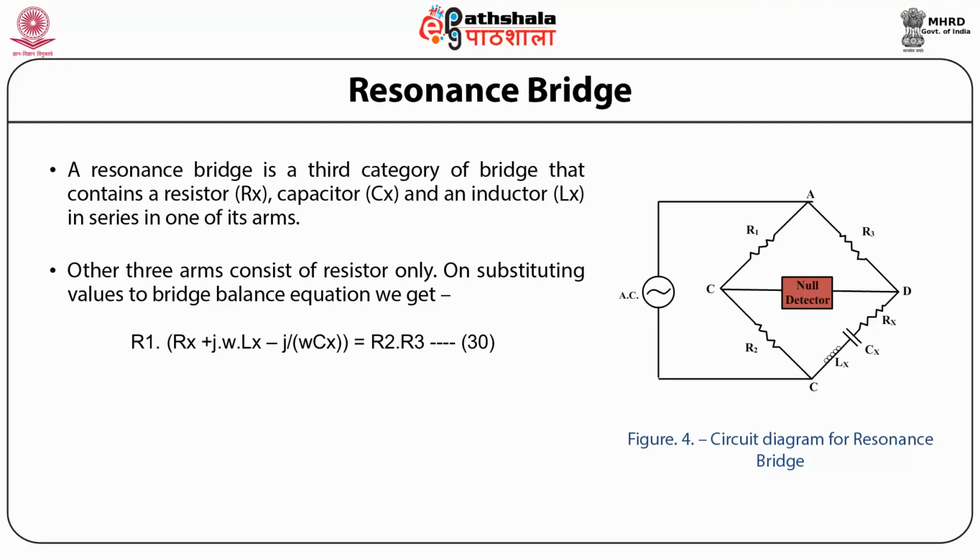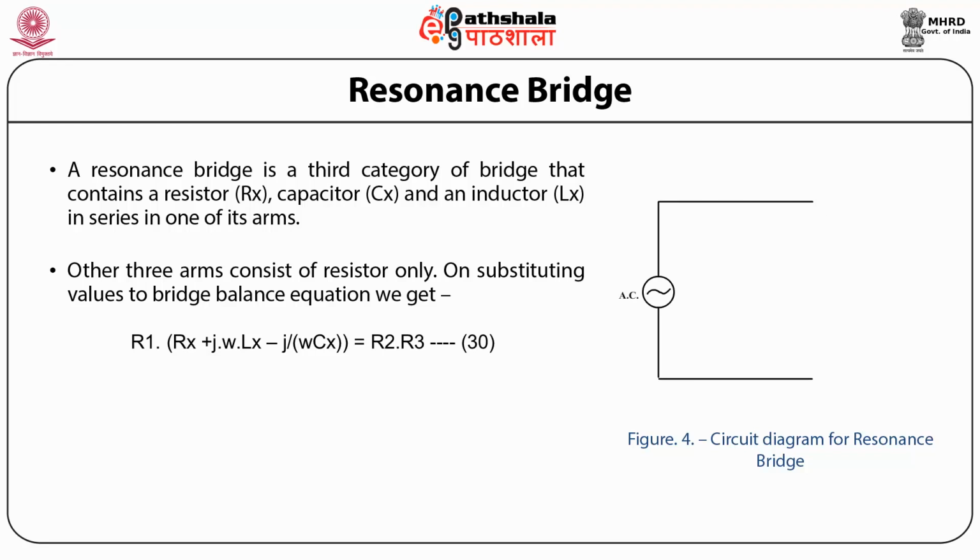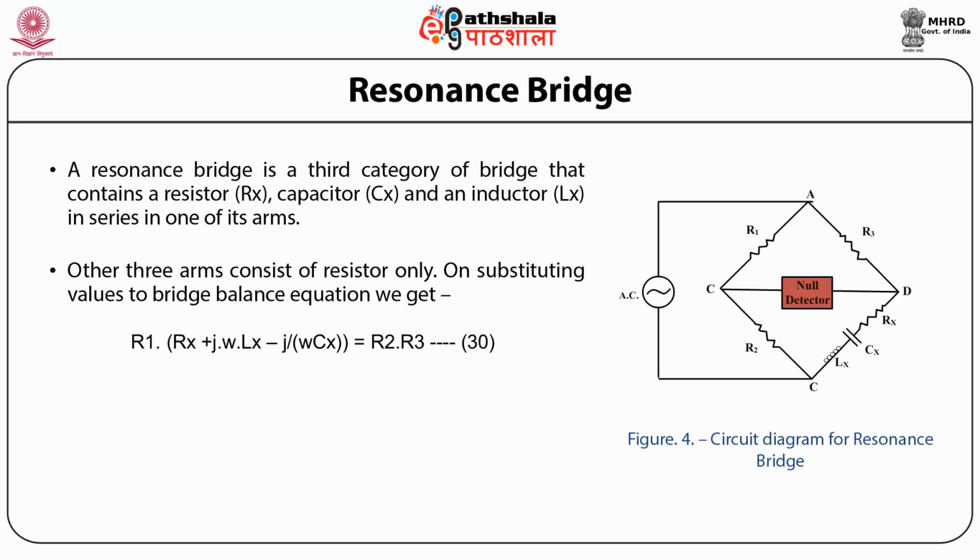On substituting values into the bridge balance equation, we get R1·(Rx + jωLx − j/(ωCx)) = R2·R3.